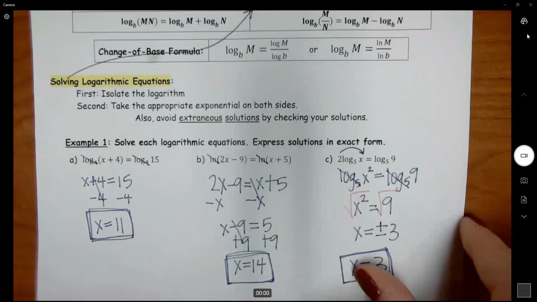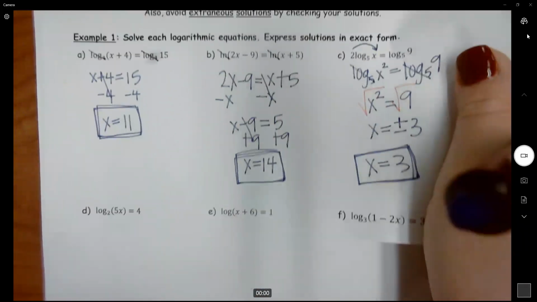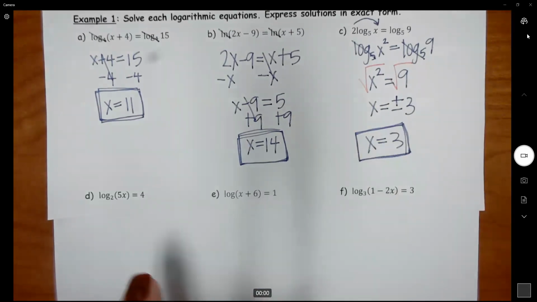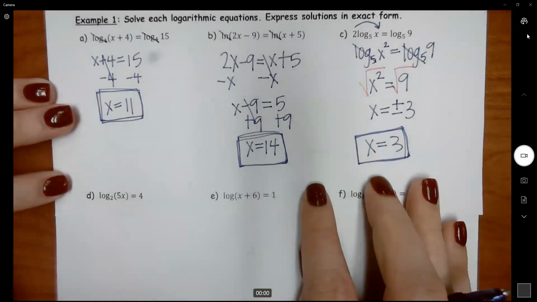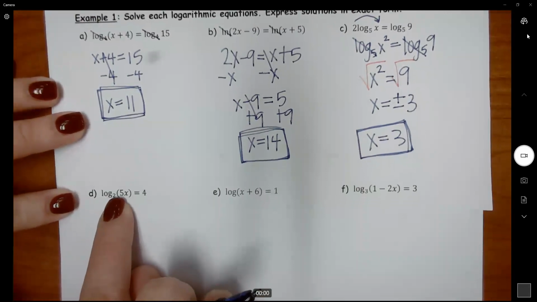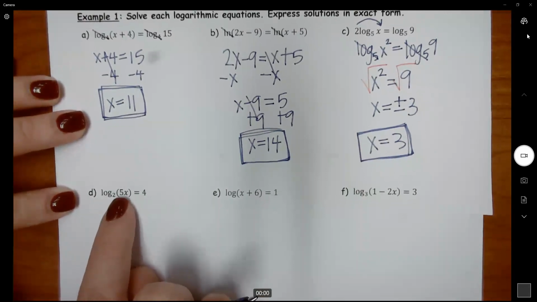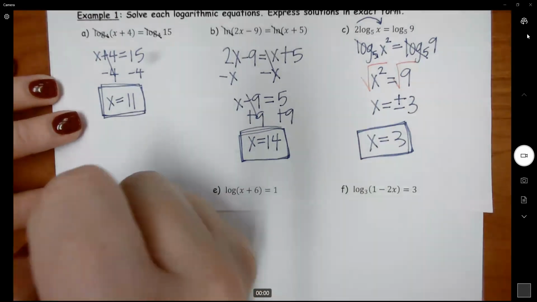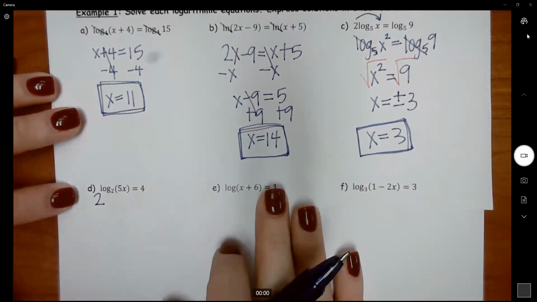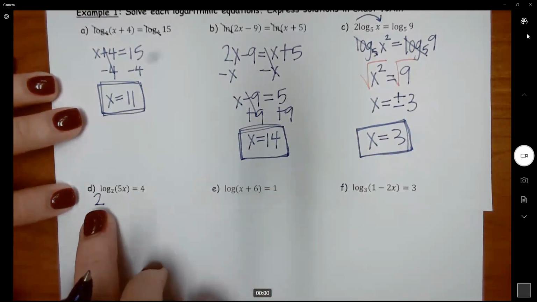So for example, on D, I have isolated my log because you only have one log over here on the side. So here we have log base 2. Because this is a base of 2, I want to now take this as an exponential, and my base of this exponent is a base of 2.